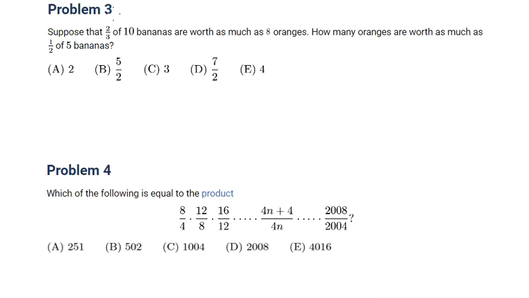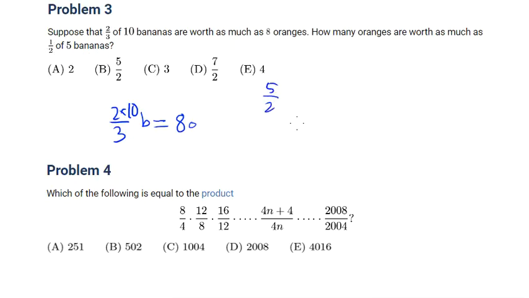Suppose that 2/3 of 10 bananas are worth as much as 8 oranges. 2/3 of 10 bananas are worth as much as 8 oranges. How many oranges are worth as much as 1/2 of 5 bananas?